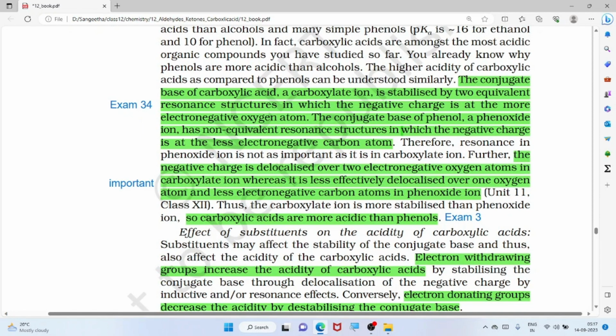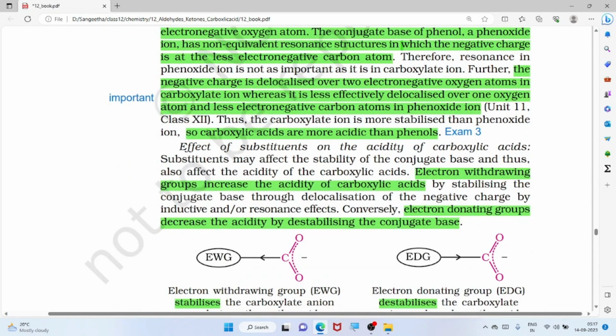In phenoxide the resonance is between the carbon and the oxygen atom. In the carboxylate, the charge changes between the oxygen atoms only, but in phenoxide, during resonance, the charge changes between the carbon and oxygen. So phenoxide has non-equivalent resonance, carboxylate ion has equivalent resonance.